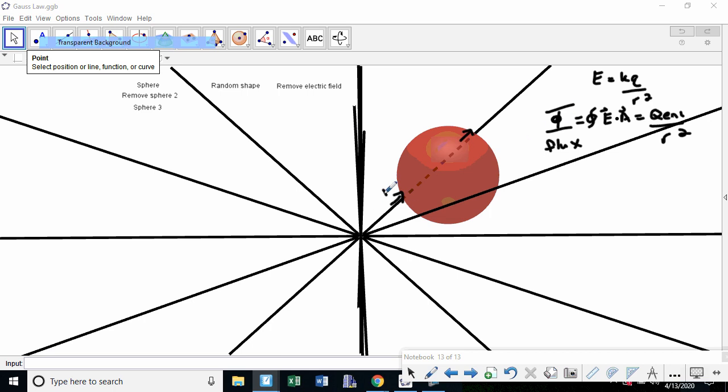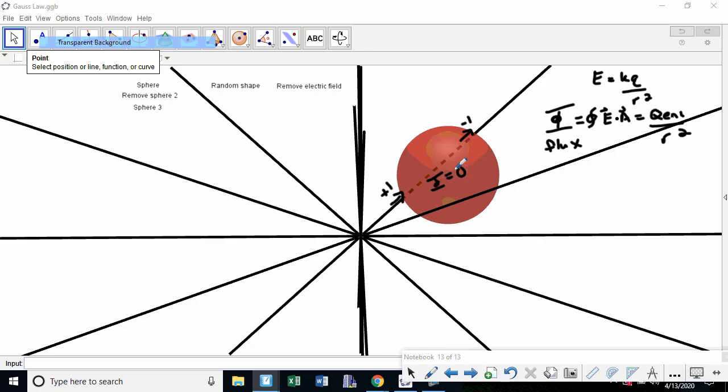I've got a +1 here because one electric field line is coming into my shape, but I've got a -1 over here because I've got an electric field line that is leaving my shape. So overall, you would say that the electric flux for this Gaussian sphere is 0.